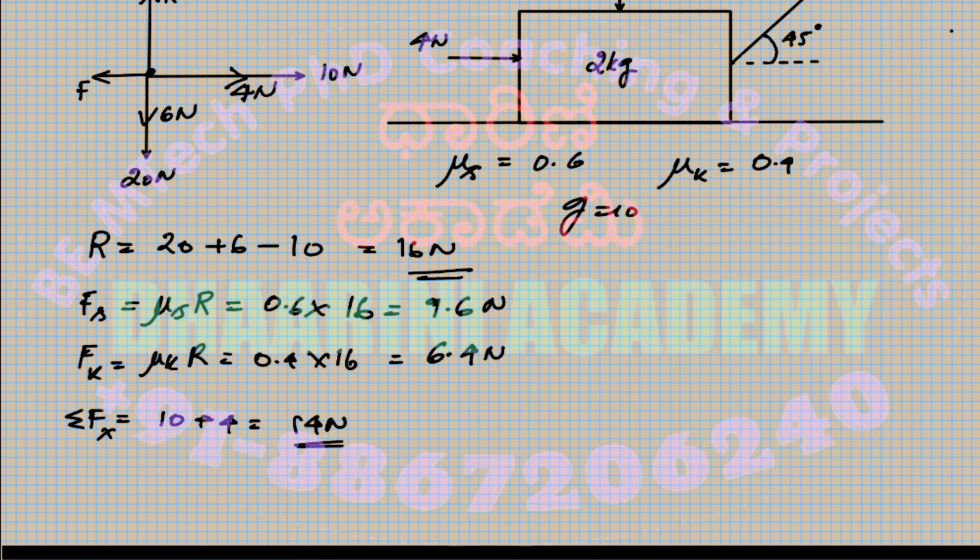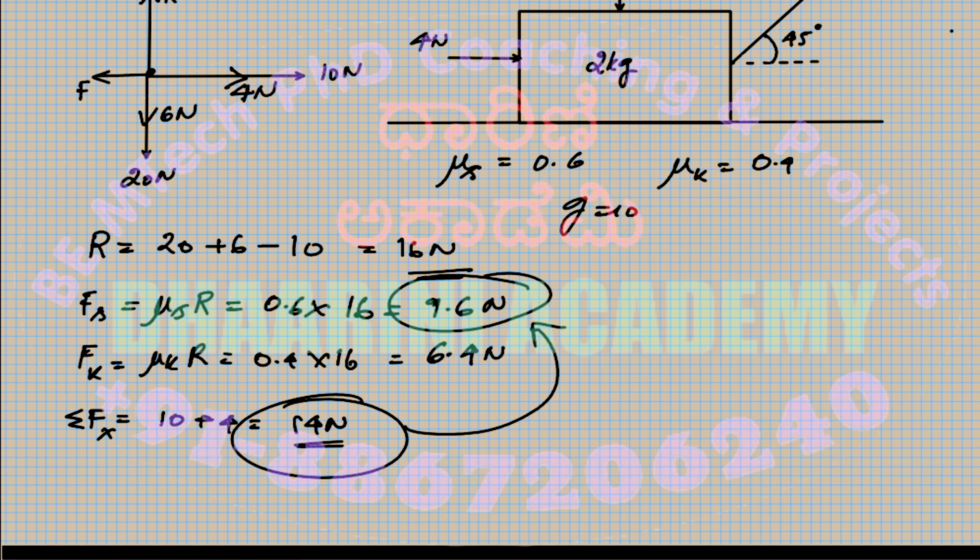Now I see that F is actually bigger than Fs, which is mu s into R, right? So the friction that is going to act now will be the kinetic friction, because the force is bigger than this. When the force, 14, is bigger than this, means, is it moving? Yes, the block is moving now. Whenever it is moving, which is the friction that is acting?